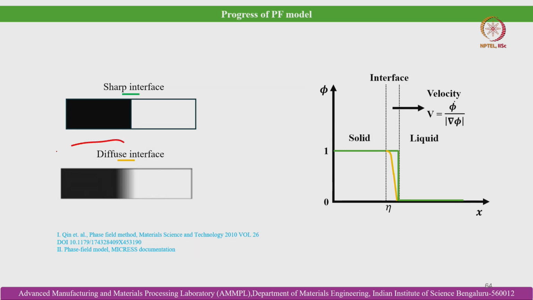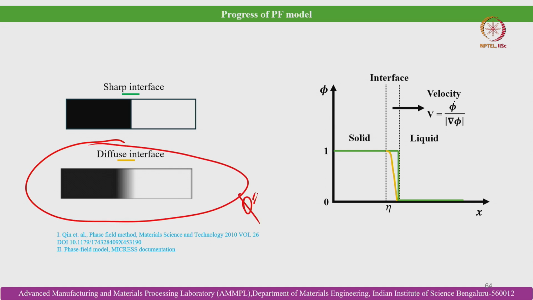A phase field model is typically a diffused interface model, where the phase field parameter phi changes its value from 0 in liquid to 1 in solid, and the interface where it changes from 0 to 1 is the diffused interface, which marks the boundary between the solid and liquid phases.